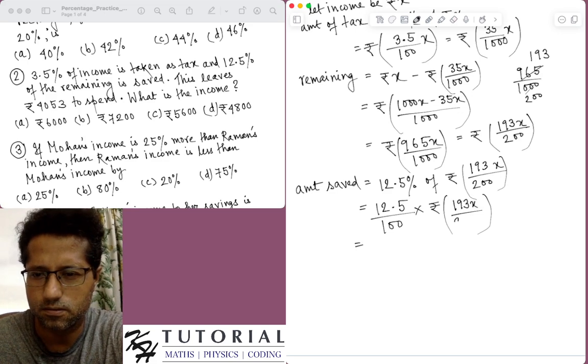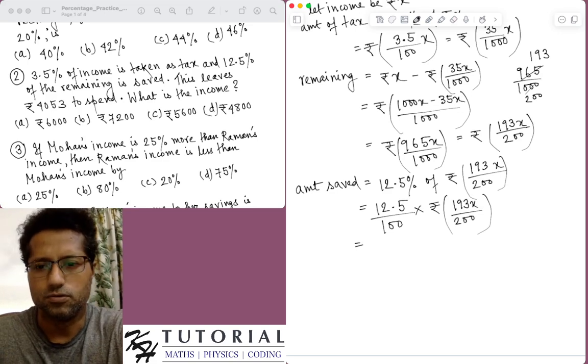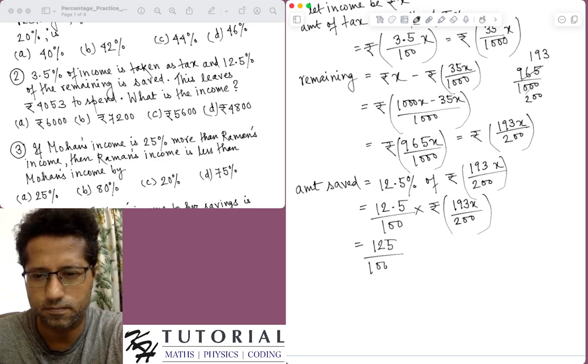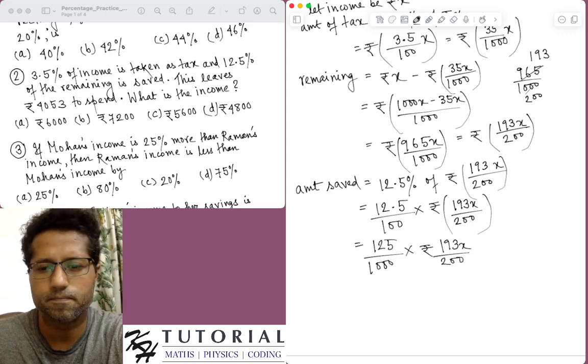So 12.5 is 125 by 1000, multiplied by rupees 193 X by 200.